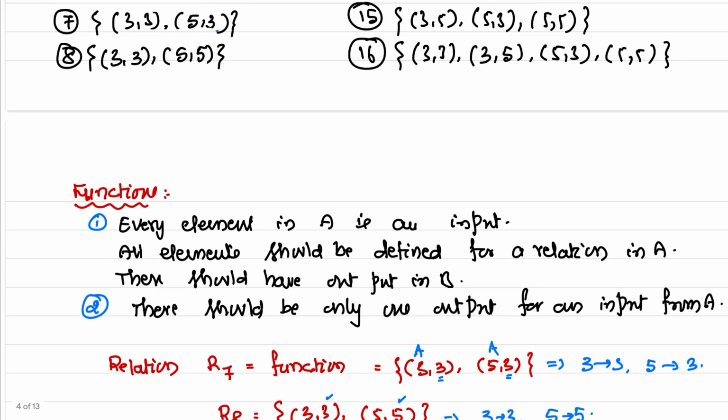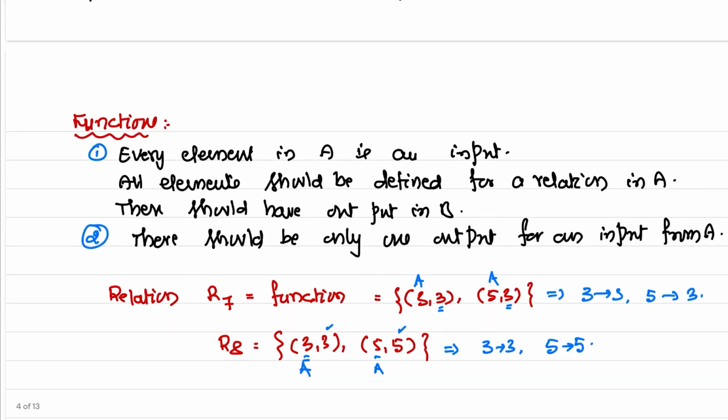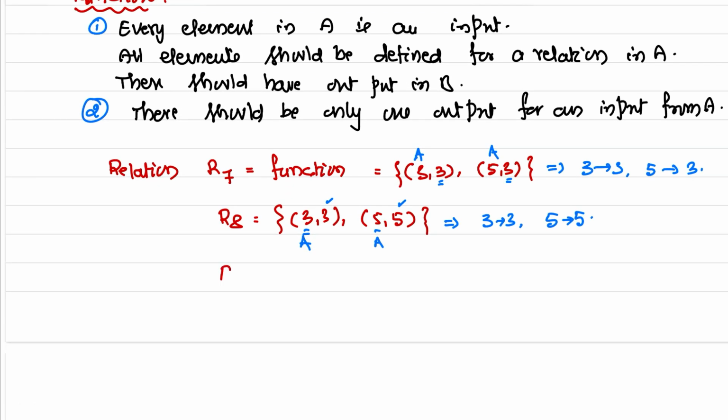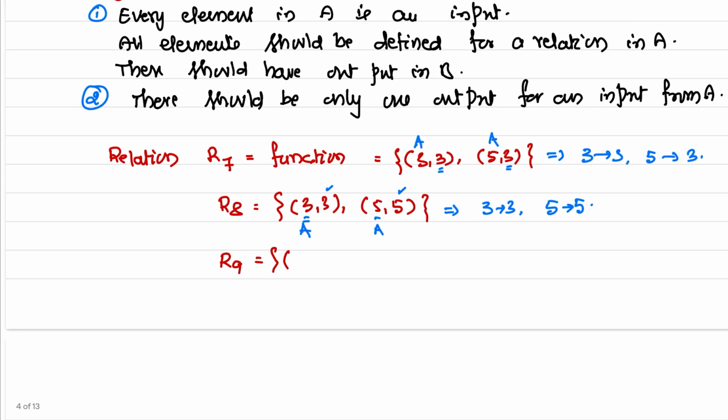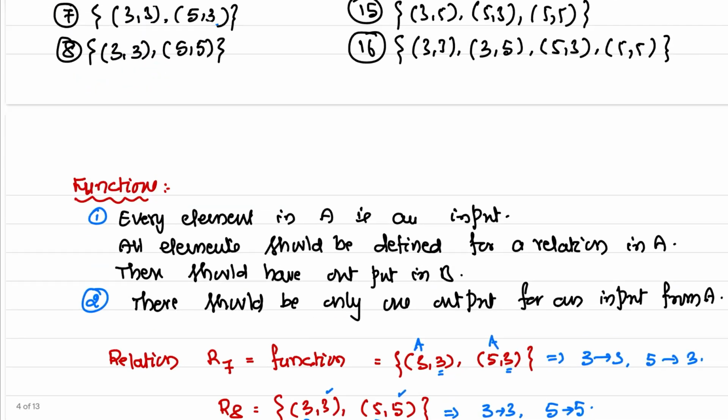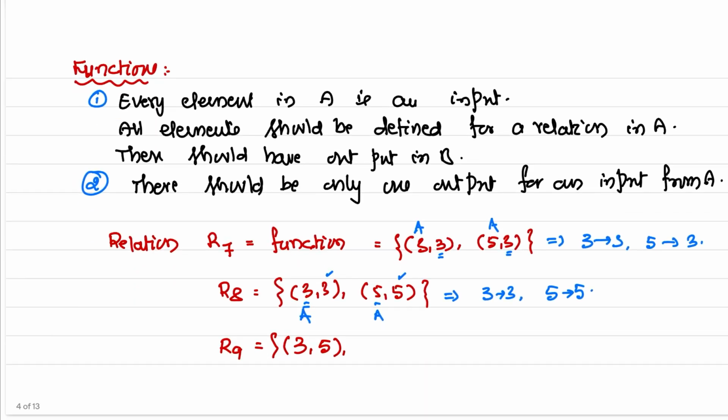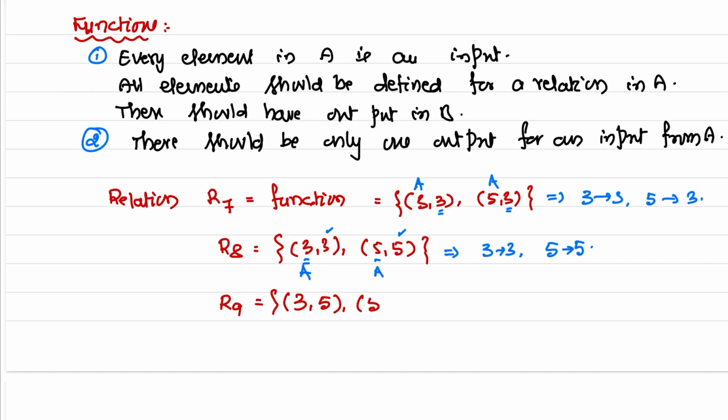Now, let us talk about R9. Follow me carefully. R9 is 3, 5 and 5, 3. This may look simple, but be very, very careful while handling these functions and relations.